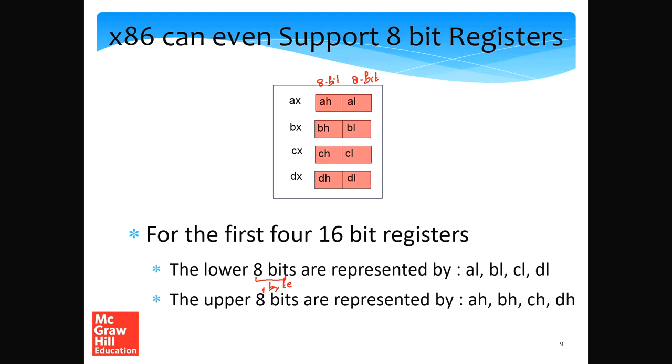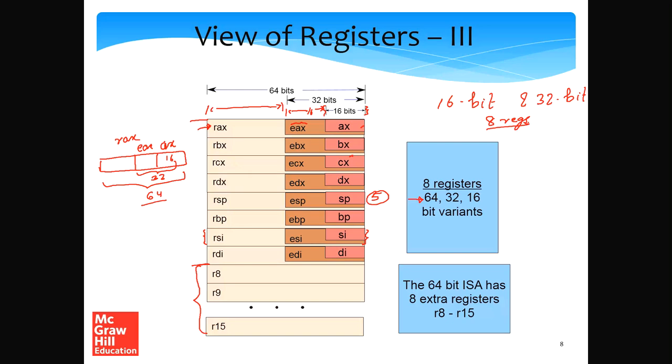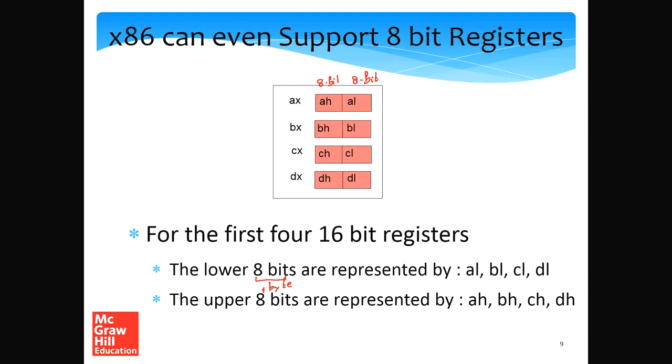It is exactly similar to this particular figure, where we take a register and divide it into several subfields and interpret the fields based on our instruction. In this case, we further divide the top 4 16-bit registers into 2 subfields each: AH AL, BH BL, CH CL and DH DL.